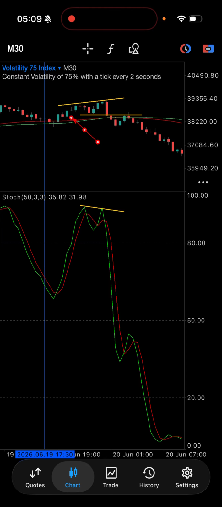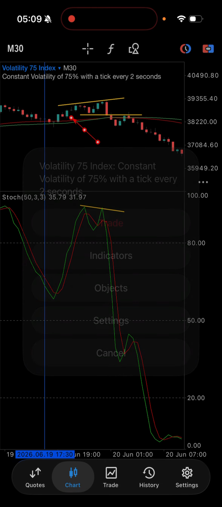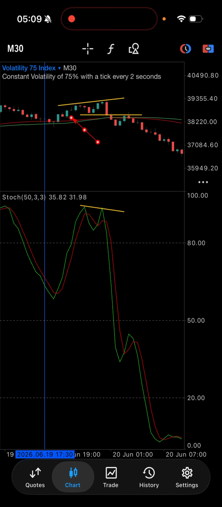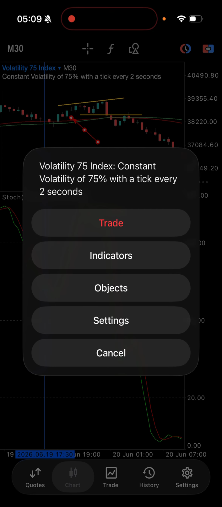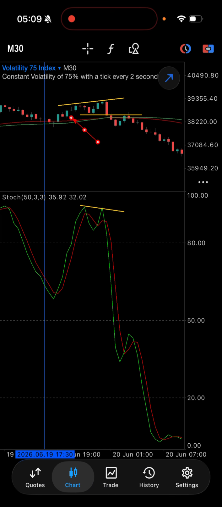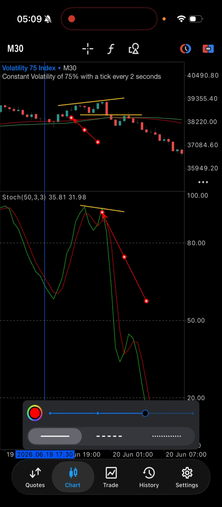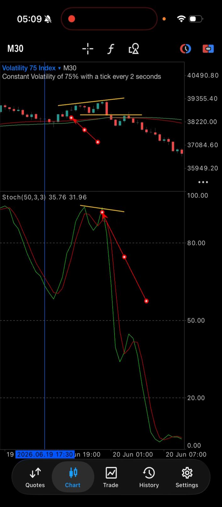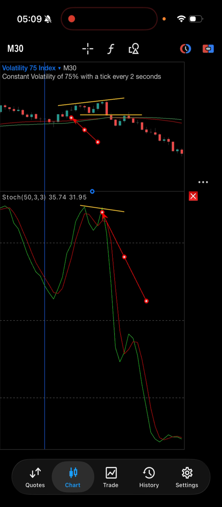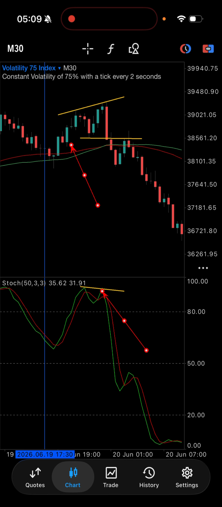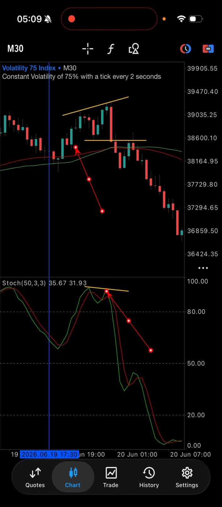You can see that this high here, this one is lower than this one. This is higher, this is lower. And that's not the case on the chart. You can see the chart here. This is lower, this is higher.